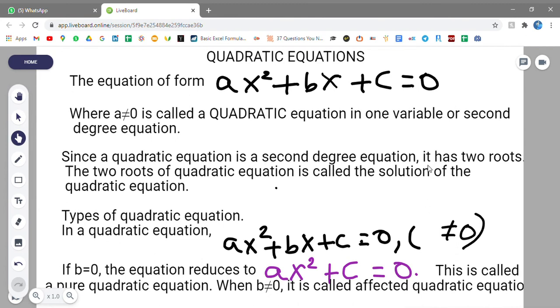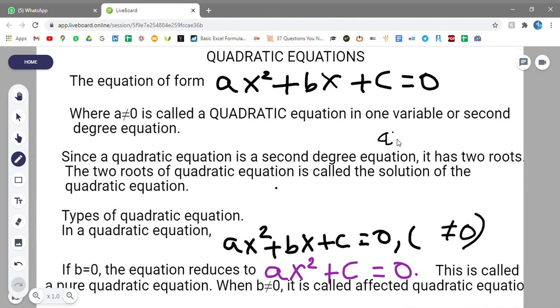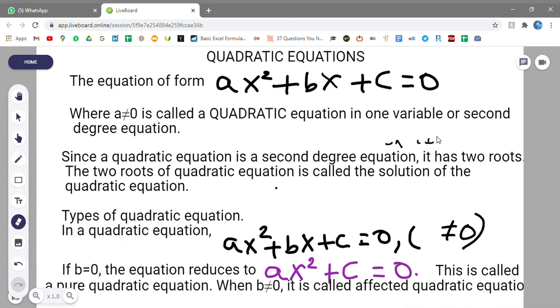Before, you only had ax plus b in linear equations, so the highest degree was only 1. But in a quadratic equation, the highest degree is 2, and that is why it is ax square plus bx plus c. Now again you have the condition here, that is a is not equal to 0.